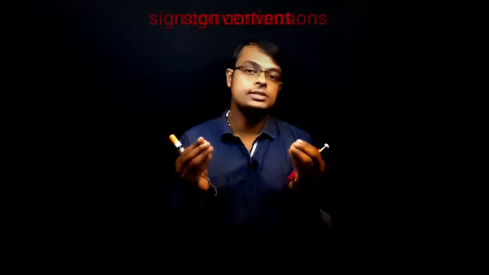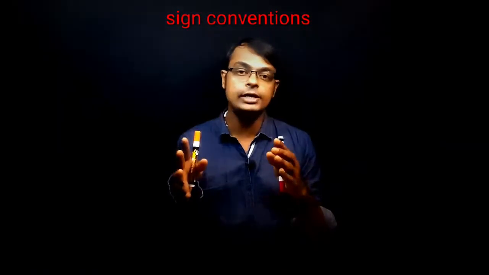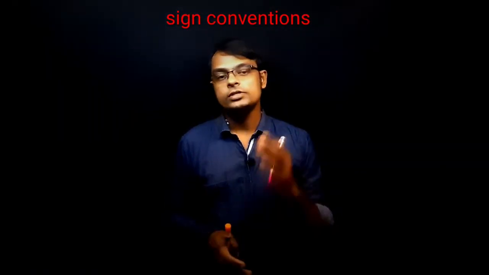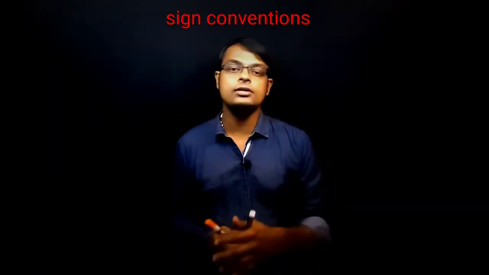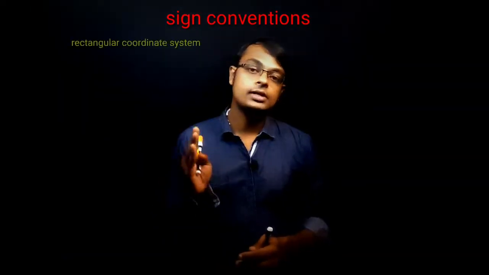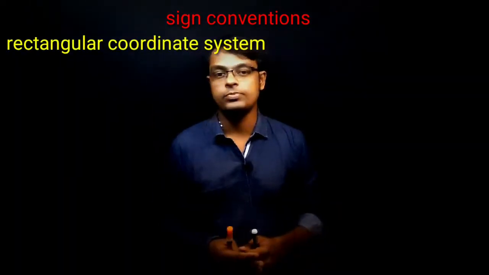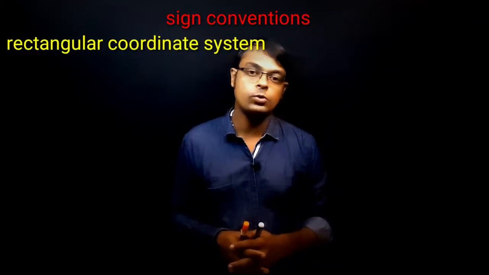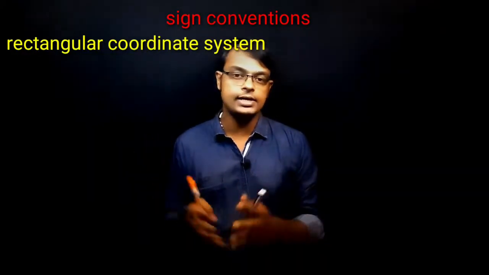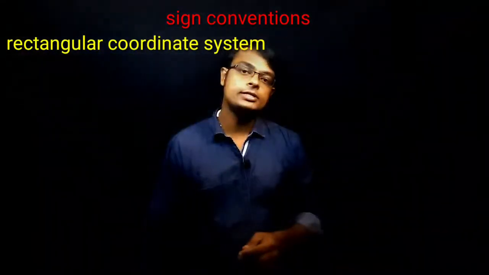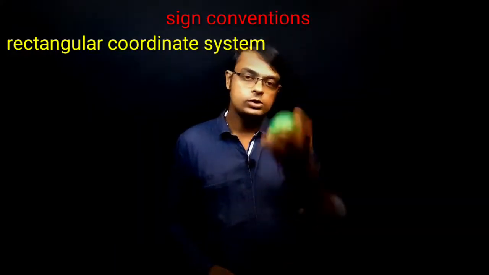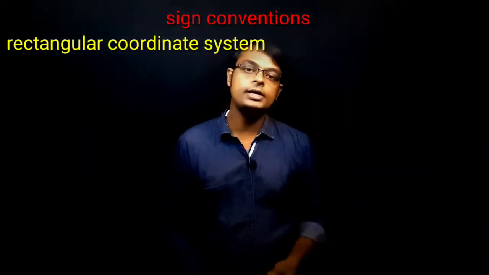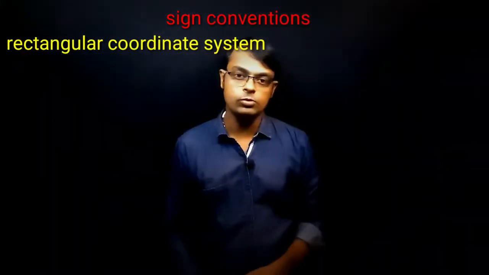So what are the sign conventions we are basically using here? First, for the sign convention, we are using the rectangular coordinate system. As you already know what is meant by rectangular coordinate system: x-axis, y-axis, z-axis. Now in the case of motion under gravity, there is only one axis we are using, say the y-axis, because it's a vertical motion.